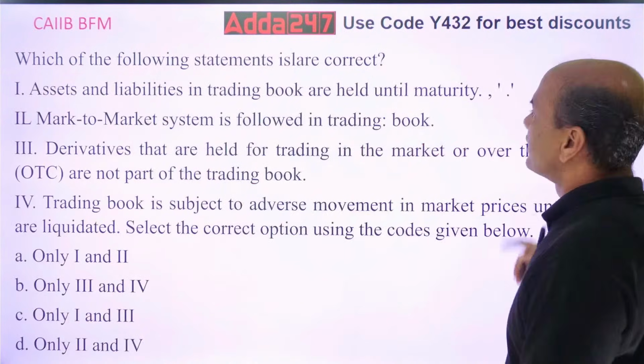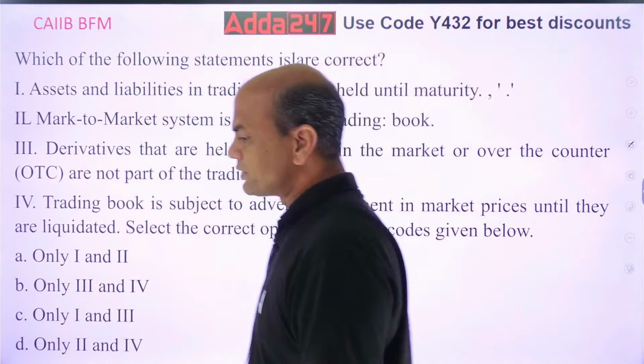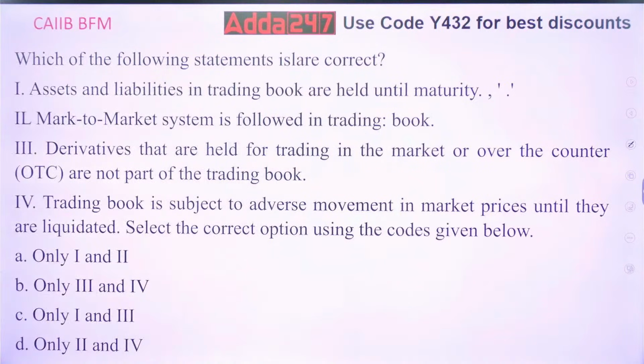Okay, read this. Which of the following statements is or are true? Assets and liabilities in the trading book are held until maturity. Mark to market system is followed in the trading book.